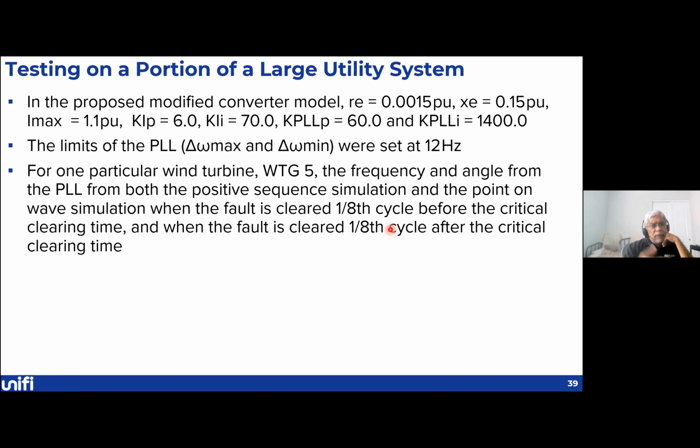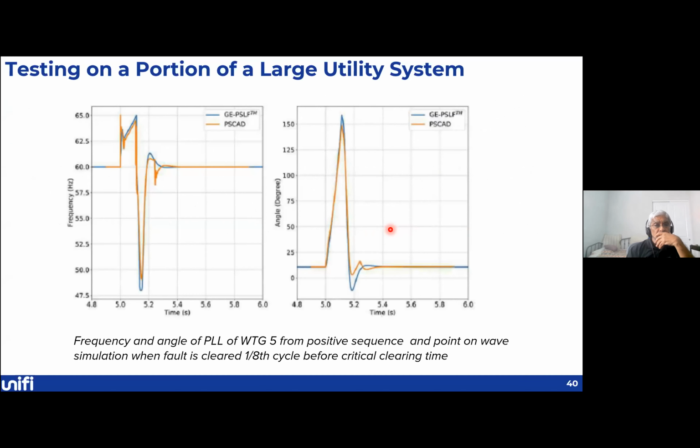What they have done is look at the performance of the system just before critically clearing a fault and just after critically clearing a fault to see how this model would perform. In this case, the positive sequence model that they have developed is tested against a fairly detailed PSCAD model. I've shown you various plots from the same paper that I mentioned.